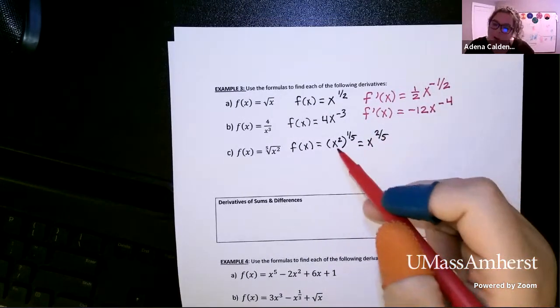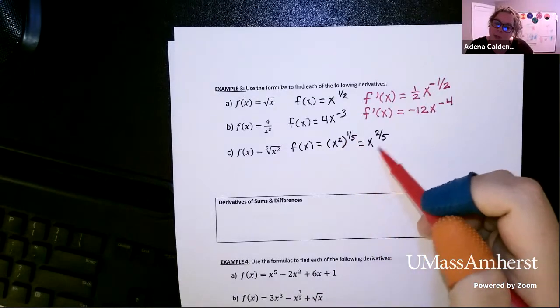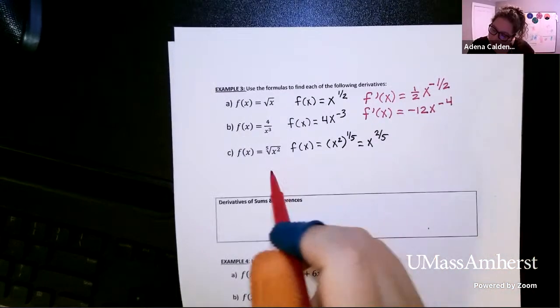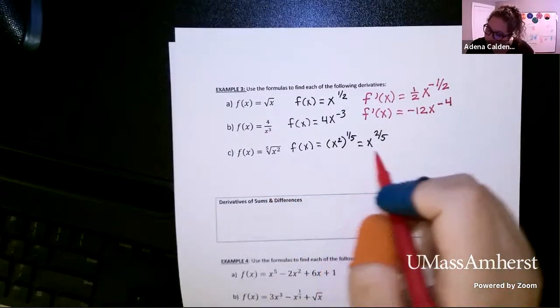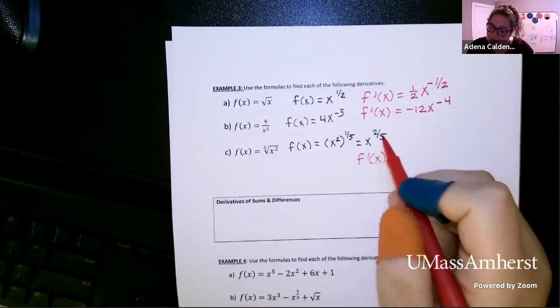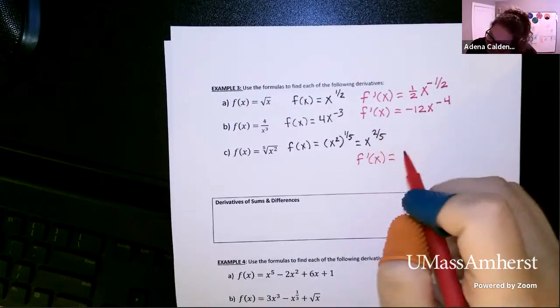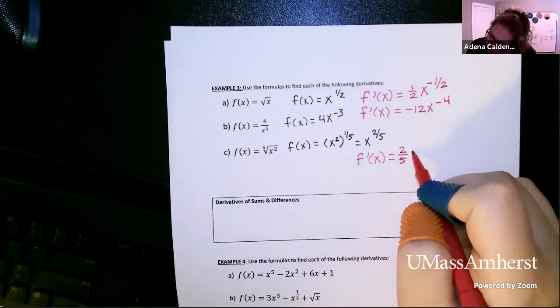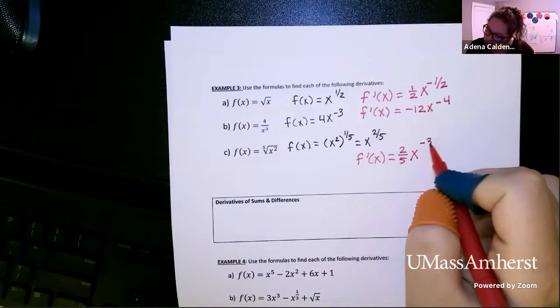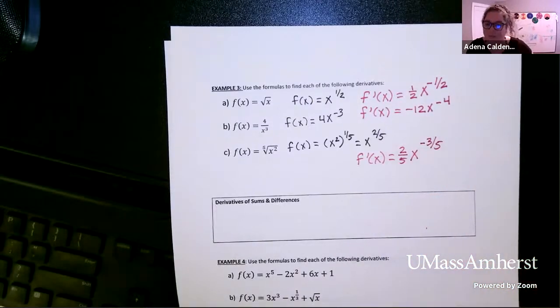And if you have a power raised to a power, you can multiply those two numbers together. So we can rewrite this as x to the 2/5. And then we can take the derivative because now this is in the right form. So we get 2/5 x, we subtract 1 from the power to the negative 3/5.